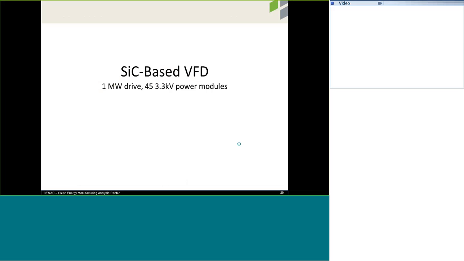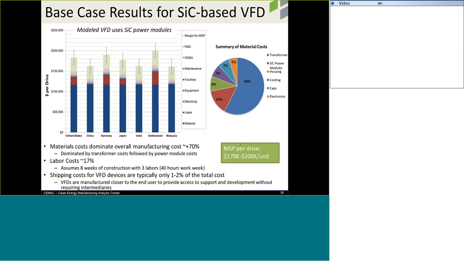For our variable frequency drives, we were modeling a 1 megawatt drive. We determined a 1 megawatt drive based on discussion with the Department of Energy and PowerAmerica of what made most sense. We determined it would take about 45 3.3 kV power modules in the drive. And the drive cost, as we discussed at the beginning of the presentation, is significantly influenced by your overall material costs, followed by labor.